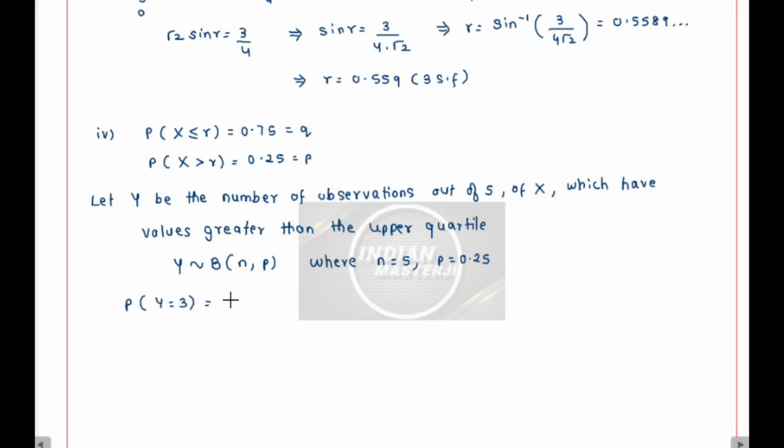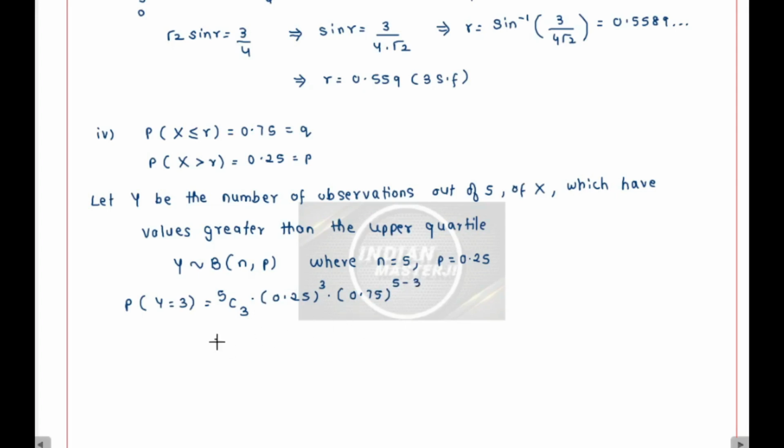We will use the binomial distribution formula to find the probability. It will be nCr into p raised to r into q raised to n minus r, correct? So 5C3 into p is 0.25 raised to r, here 3, into q, that is 0.75, raised to n minus r, so that is 5 minus 3, correct?